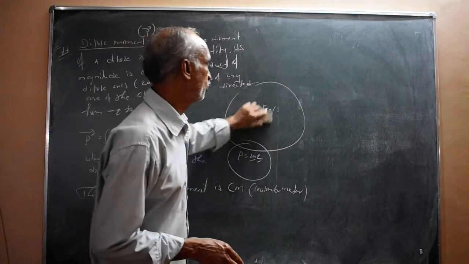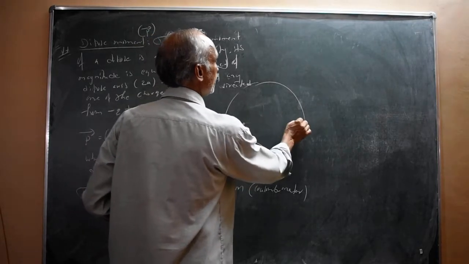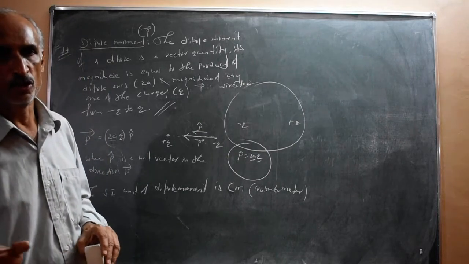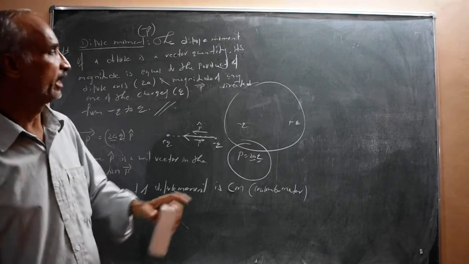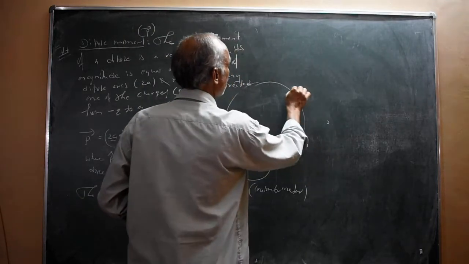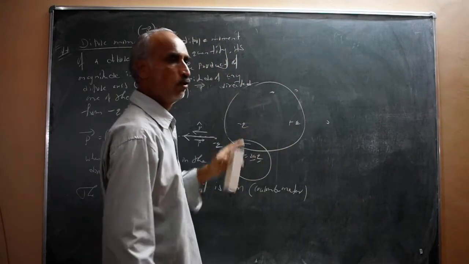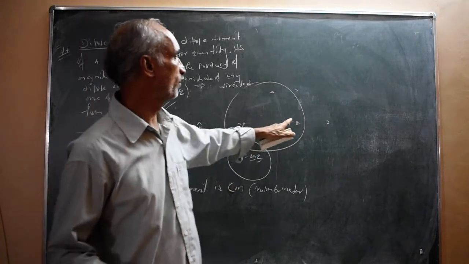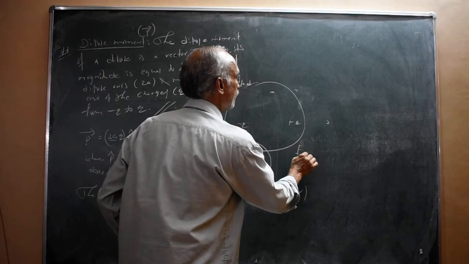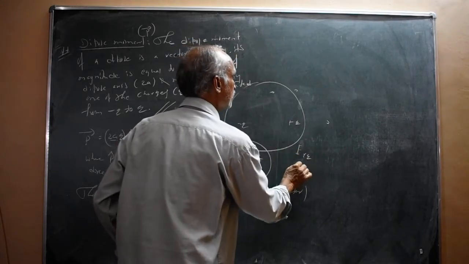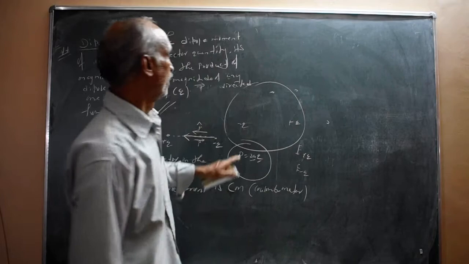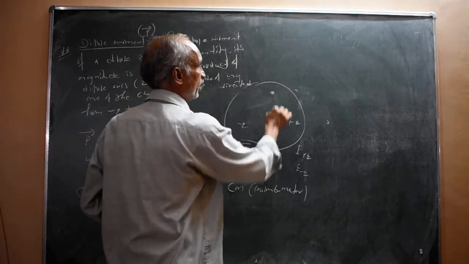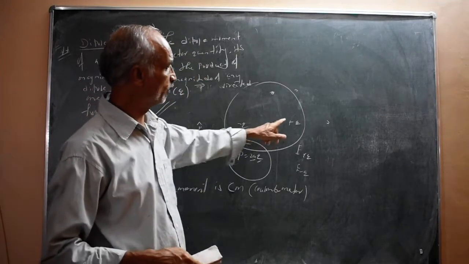But here plus q and minus q are not together, they are separated by a distance. Therefore, even though the total charge of the system is 0, due to the separation, at every point the field generated by plus q and minus q differs. The field generated by plus q is E of plus q, and the field generated by minus q is E of minus q, due to the difference in distances between the charges and the point.